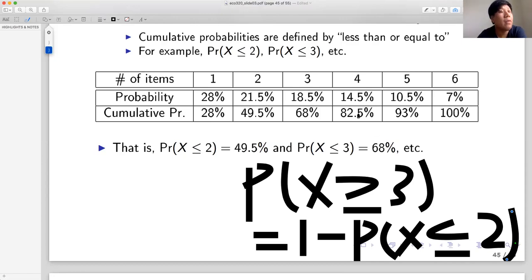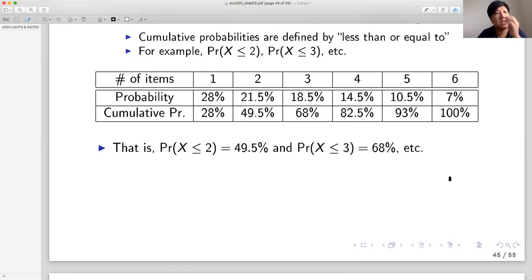Next, this is equivalent to just adding these numbers, 18.5 plus 14.5 plus 10.5 plus 7. Either way is fine. So let's try with the number 4. The probability that x is less than or equal to 4 is 82.5%, so it satisfies the first condition.